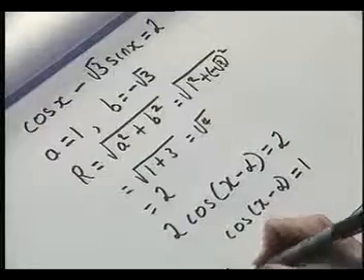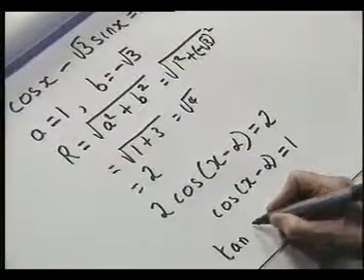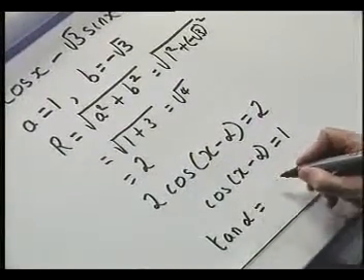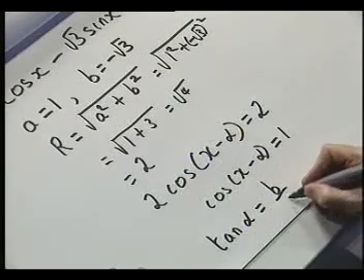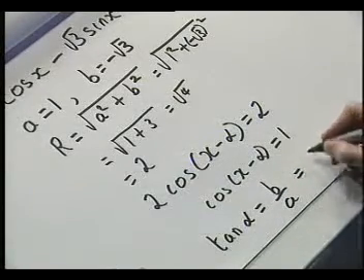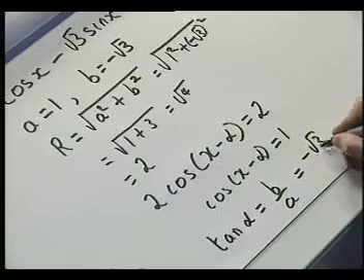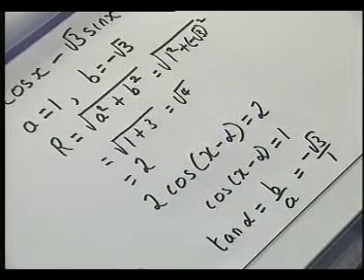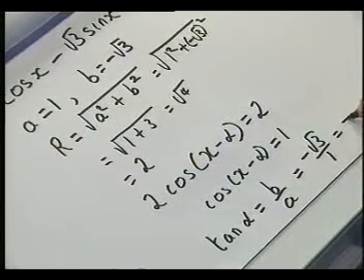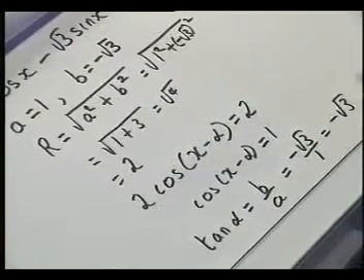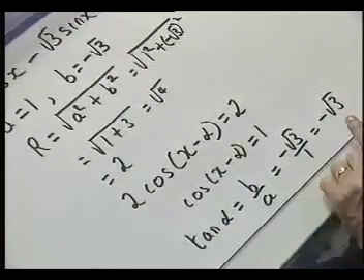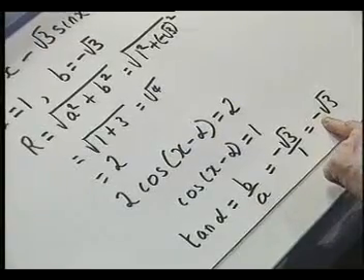So what is alpha? Now remember, we calculate alpha as tan alpha is b over a, which in this case is minus root 3 over 1, which is just minus root 3. This is a problem to us.